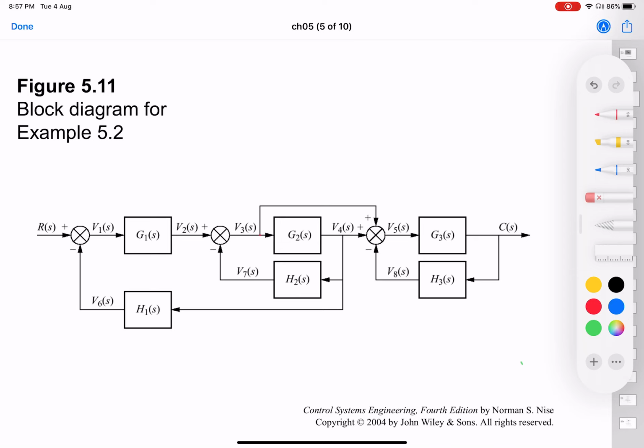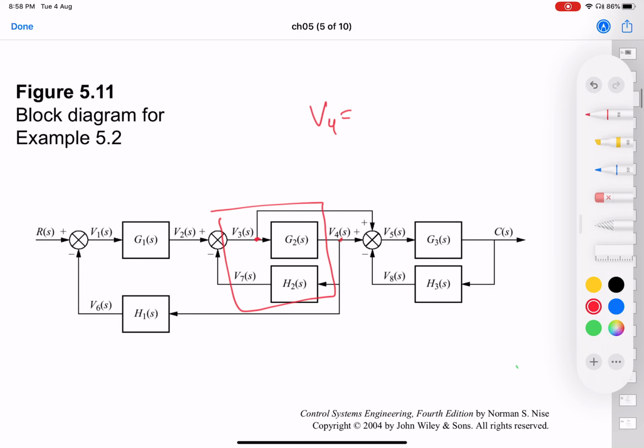Now what we can do, the first thing that is very obvious, is that you move this pickoff point away. Don't pick V3 because you want to simplify this, right? You want to simplify this block. So don't pick V3, pick up V4. And if you move this pickoff point here, what you are picking up, this V4, is actually V3 into G2.